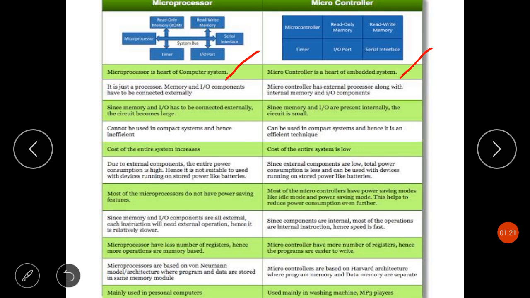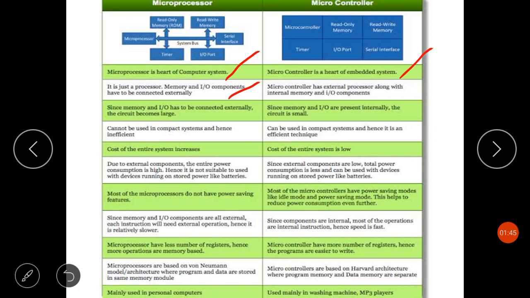Second difference: a microprocessor is just a processor. Memory and input output have to be connected externally to it. Obviously, as I have told you, a microprocessor is just a processor on the chip. Other external components like memory, input output ports, and timer counters have to be connected externally to this microprocessor.